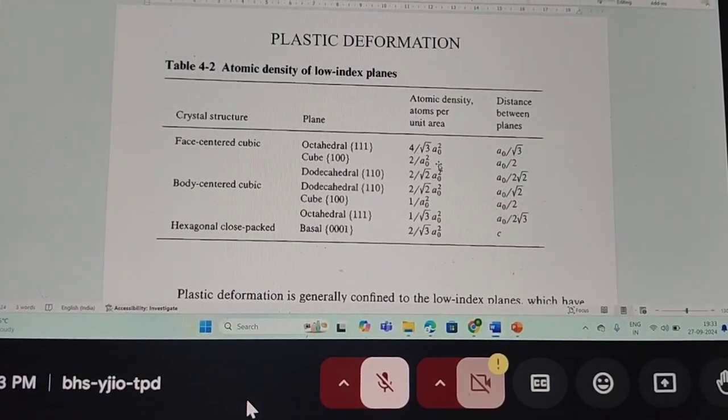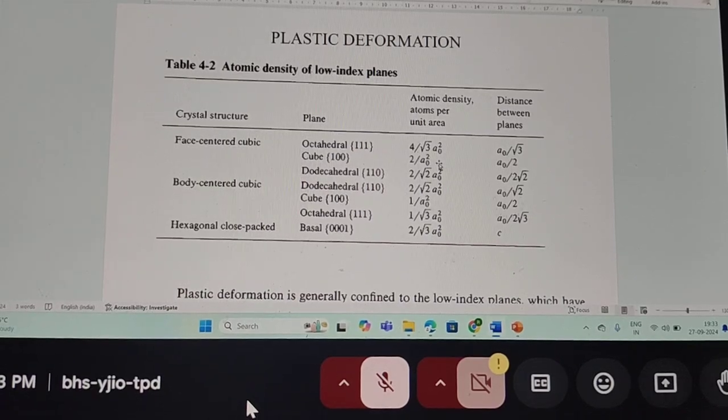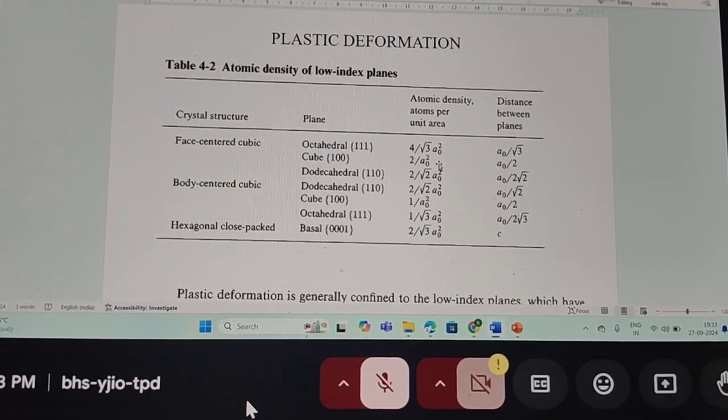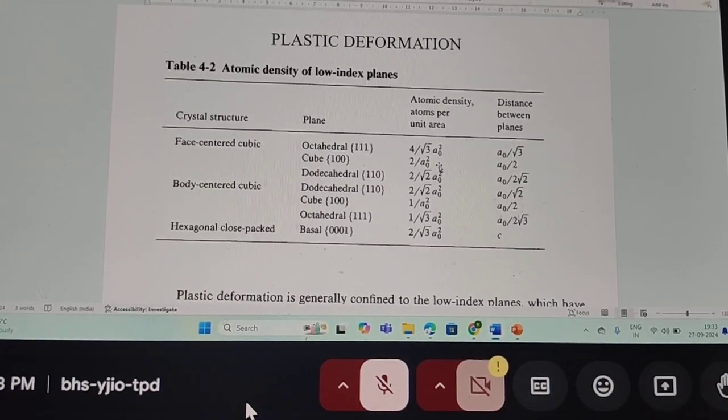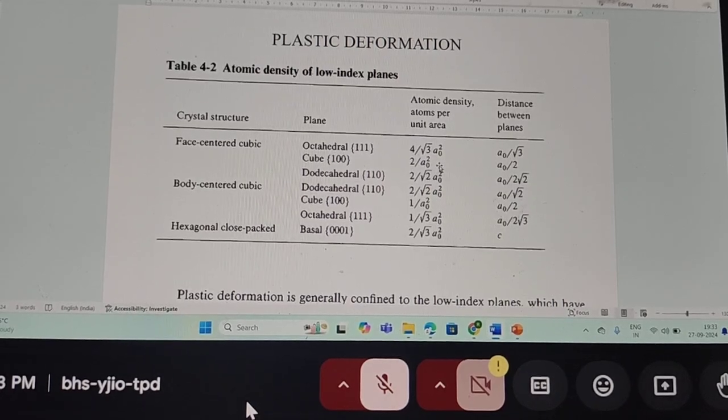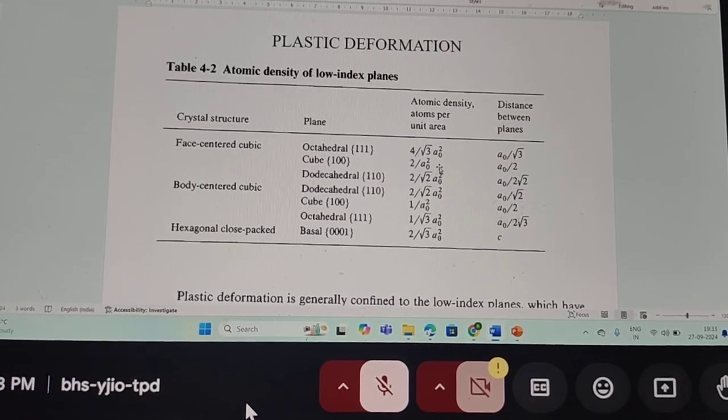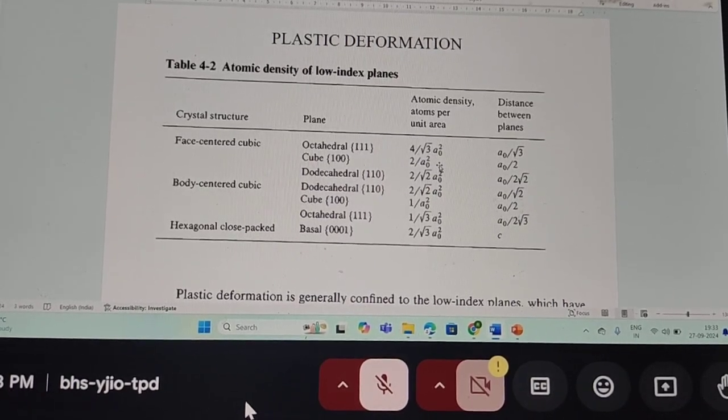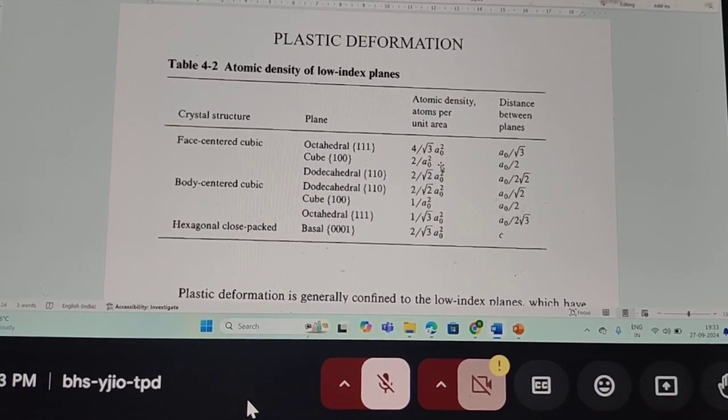That means if you apply an X amount of load, that X amount can affect the highest packed plane first.